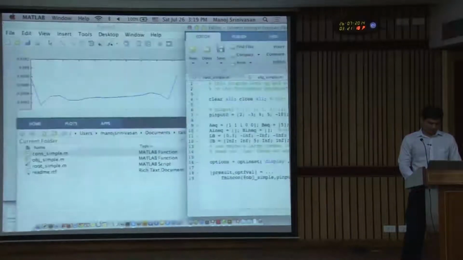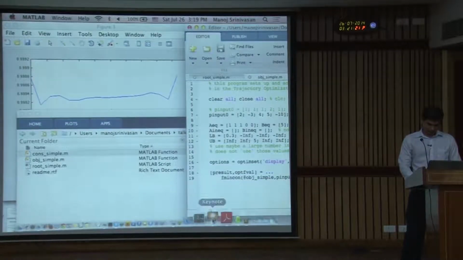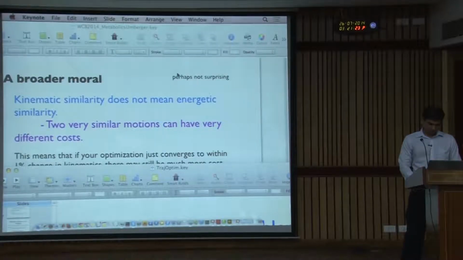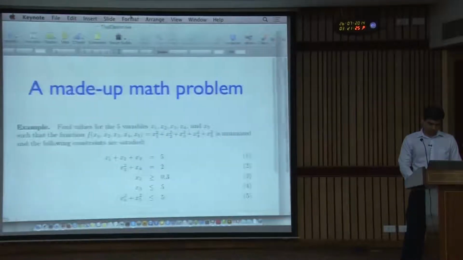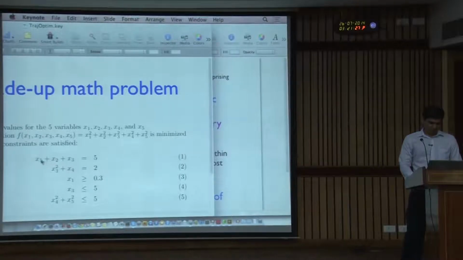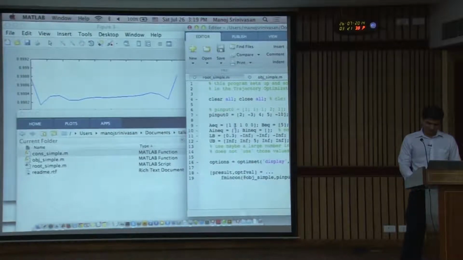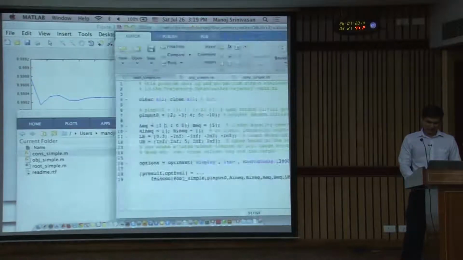So AEQ is going to be 1, 1, 1, and the coefficient of x4 and x5 are 0. So AEQ is 1, 1, 1, 0, 0, and you will find that that's what it is here, and so on and so forth. You have the lower bounds.